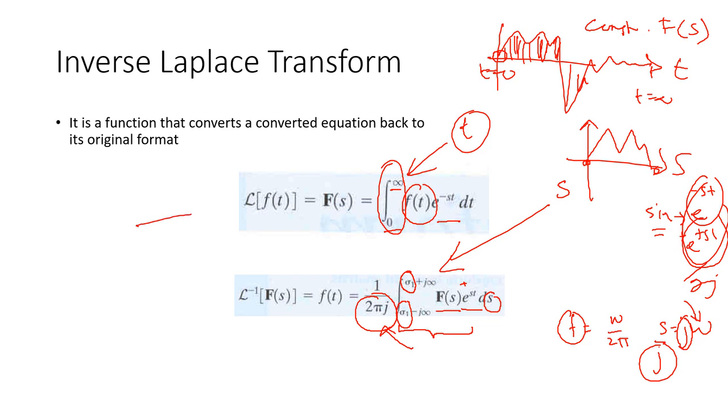So Laplace transform has e power minus st, and inverse Laplace transform has e power plus st. In the Laplace transform, there is an integral from 0 to infinity with respect to time.